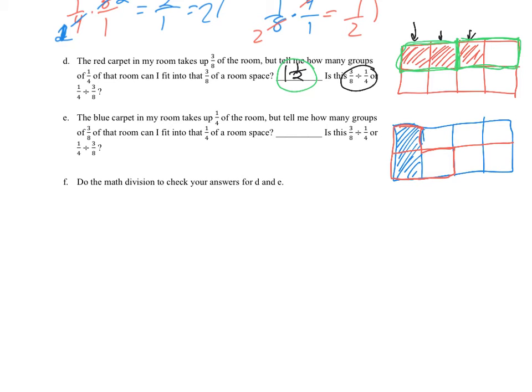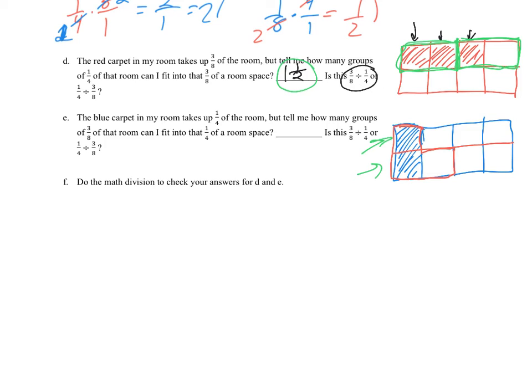Now, when I drew the blue carpet, I drew up in eighths again, but in this case, because it was 1/4, I shaded in 2/8, which is the same thing as 1/4. So there are 1, 2 of those eighths. That makes 1/4 in blue. Then I'm saying, all right, how many groups of 3/8 can I fit in there? Well, that's going to be 3 of the squares.